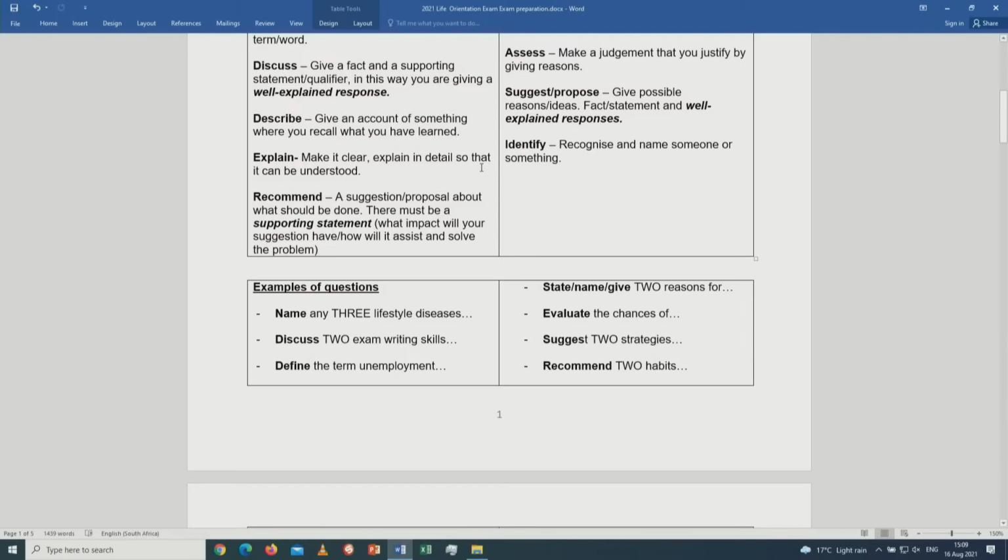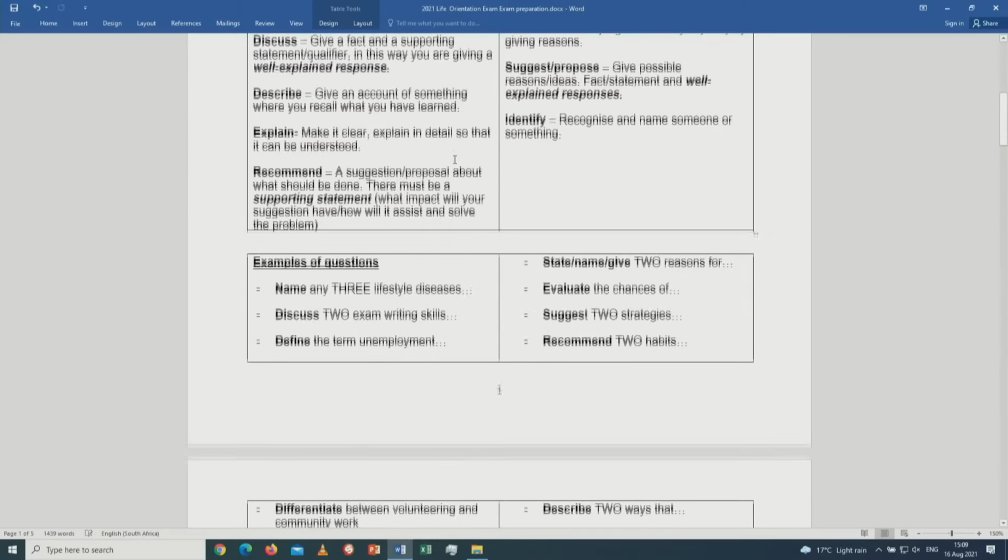But if the reader of the response, or the marker, which is the teacher, is still having questions over and above what you have written as your answer, that simply means you did not explain, because an explanation is close-ended. It requires no further questions, no further elaboration, because it is clear and straight to the fact, and it is understandable. So your response must be easy to understand.